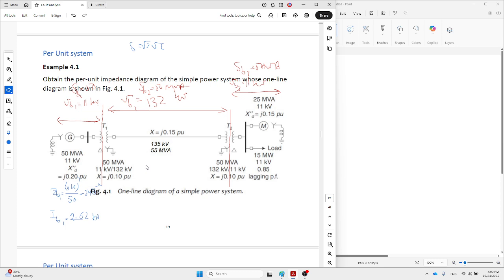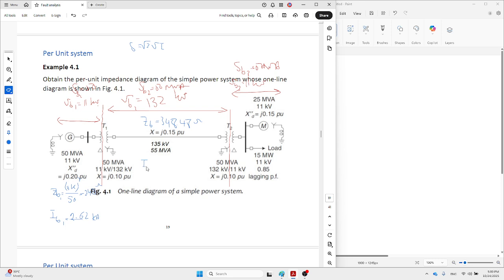Okay, so let's jump to the second section. Z base for this section is different from the first section since the voltage is different. So here again, 132 to the power of 2 divided by 50 is 348.48 ohm.